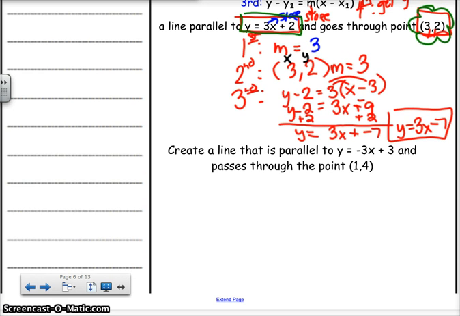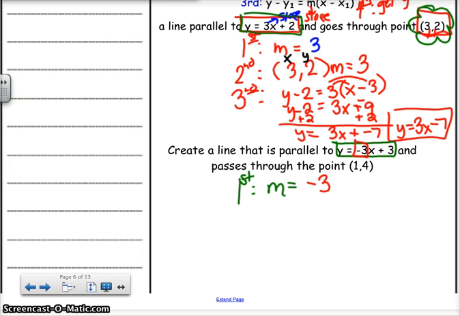So we're going to create a line that's parallel to y equals negative 3x plus 3 and passes through the point 1, 4. Okay, so I'm parallel to this line. If I'm parallel to that line, what's my slope? Negative 3. Parallel to this line, so that means my slope has to be the same.